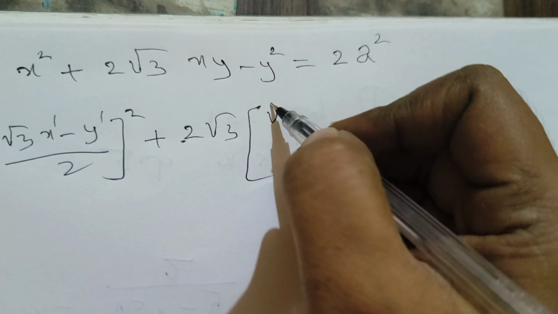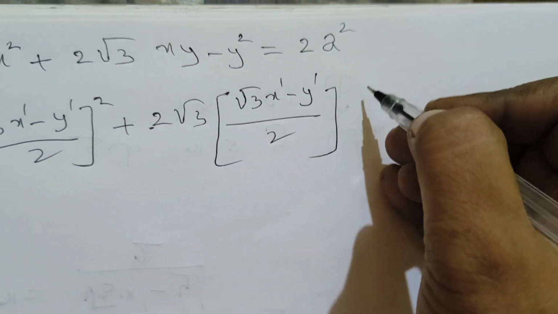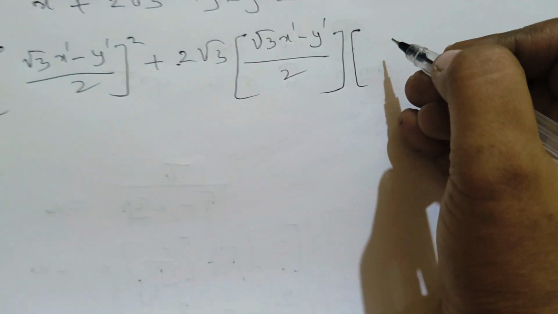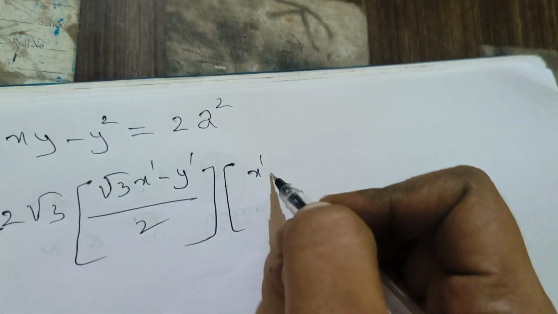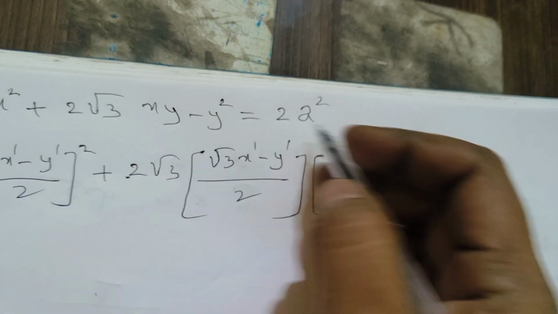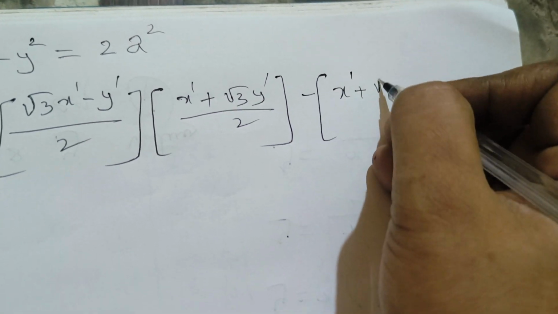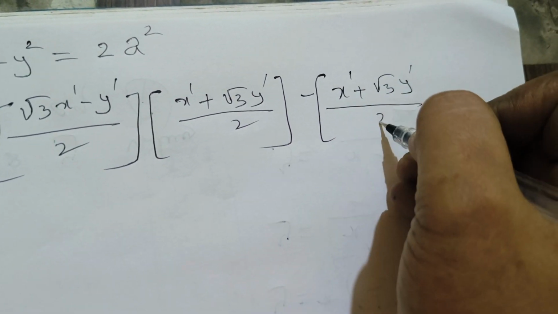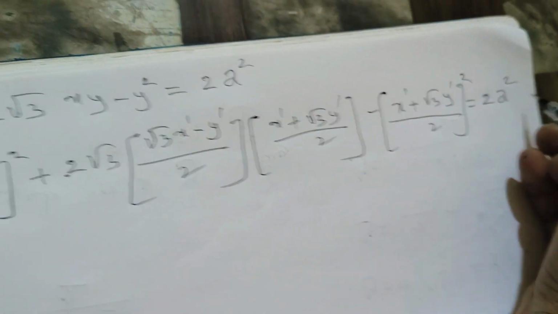The x value is root 3 x dash minus y dash by 2 and the y value is x dash plus root 3 y dash by 2, minus y square. For y square, we write the same value, x dash plus root 3 y dash by 2 whole square, is equal to 2a square.